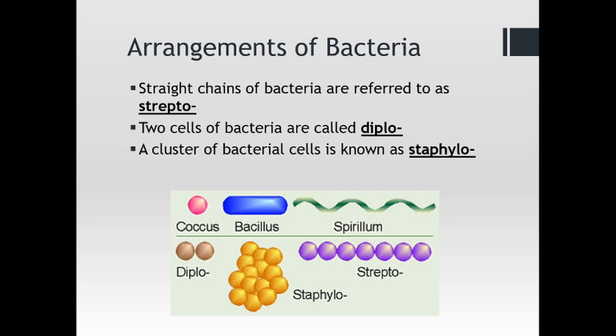Strepto means chain-like, linked together like streptococci, the one that causes, say, cavities on your teeth, Streptococcus mutans, one of the primary culprits of dental decay, or Streptococcus pyogenes, which causes strep throat. So they're chains. They exist as pairs, which is called diplo, or they exist in clusters called staphylo.